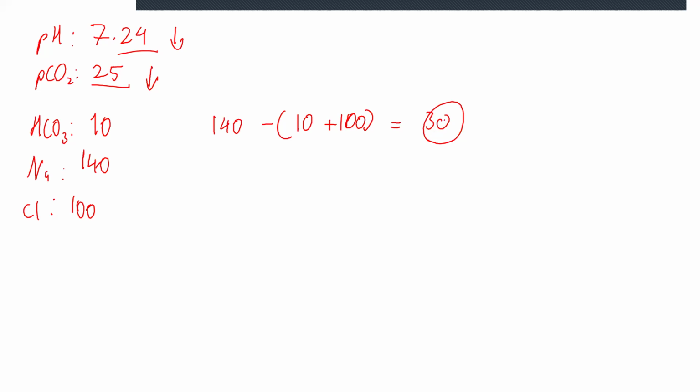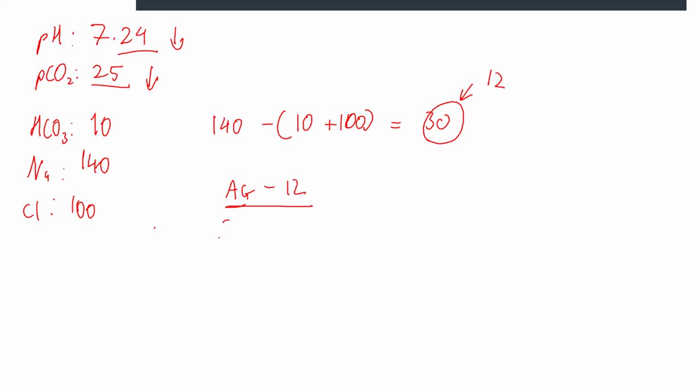Now, the normal anion gap, like we said before, is supposed to be 12. And since it's much, much higher than 12, then you already know that we have a high anion gap metabolic acidosis. Let's find delta delta for this case. So first of all, you have the anion gap. Again, let me just draw the equation.